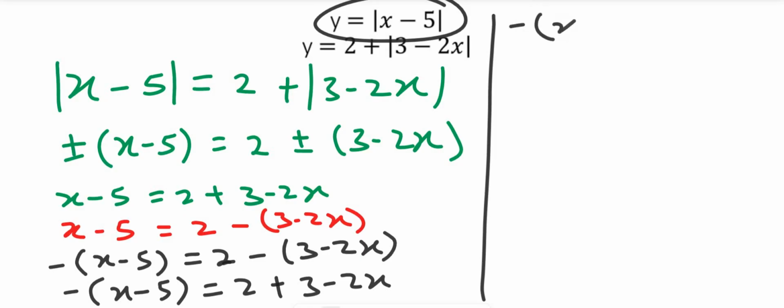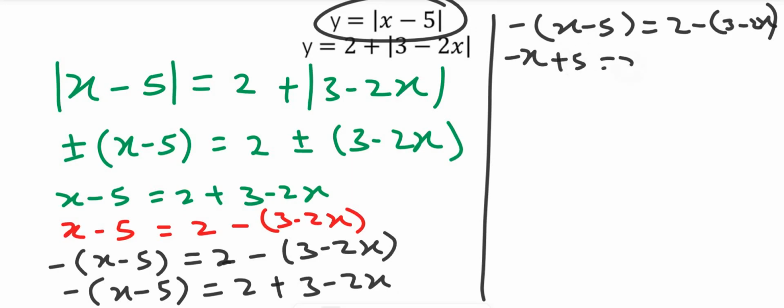Minus x minus 5 equal to minus 3 minus 2x. So here I have negative x plus 5, expanding this, equal to minus 3 plus 2x.